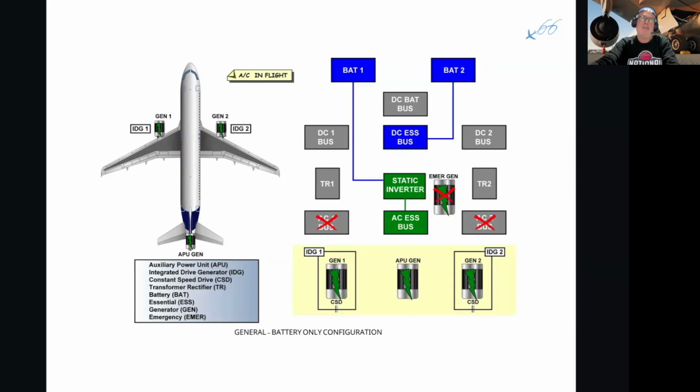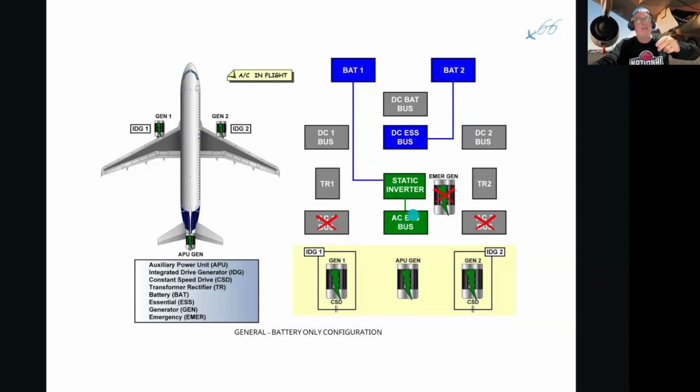And as the last resort, this is what they had, basically battery only. This is even if the emergency generator's lost. I still have the batteries, battery 1 and 2, feeding the essential battery bus, the essential bus, and also battery 1 feeding the static inverter. The static inverter does the opposite of the transformer rectifier unit: an inverter will convert DC to AC.